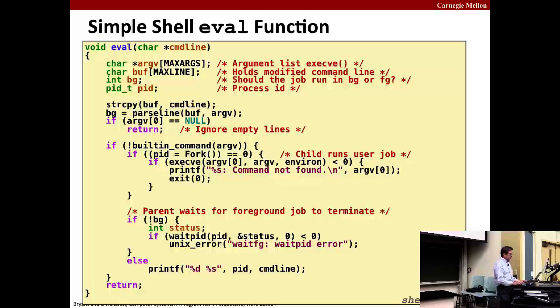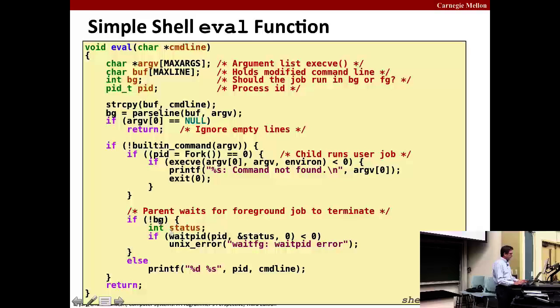Now, what's the problem? There's a problem with our example shell. And the problem is that we're doing the right thing for the foreground job. We always have to reap these children so that their state can be released. But we're not doing anything to reap any background jobs, right?